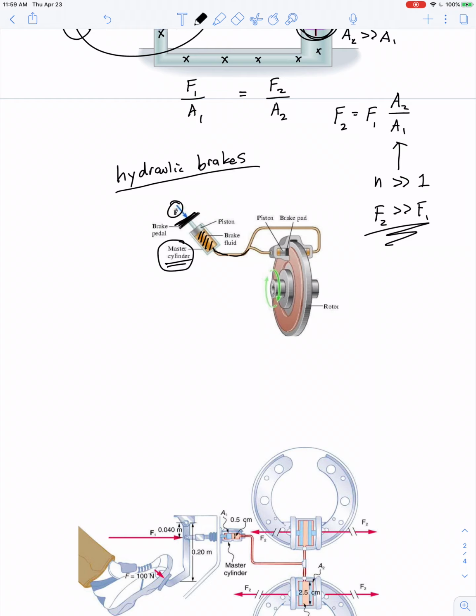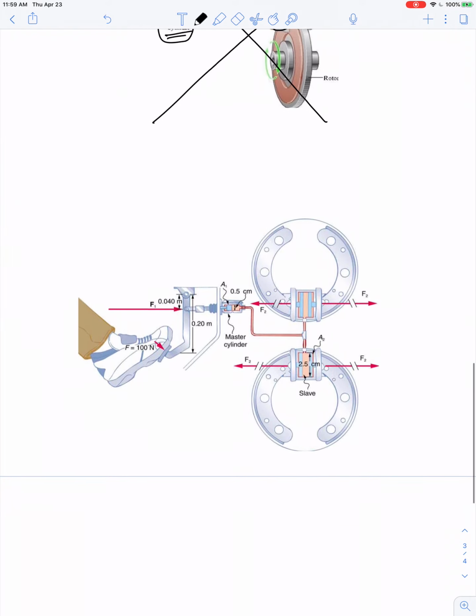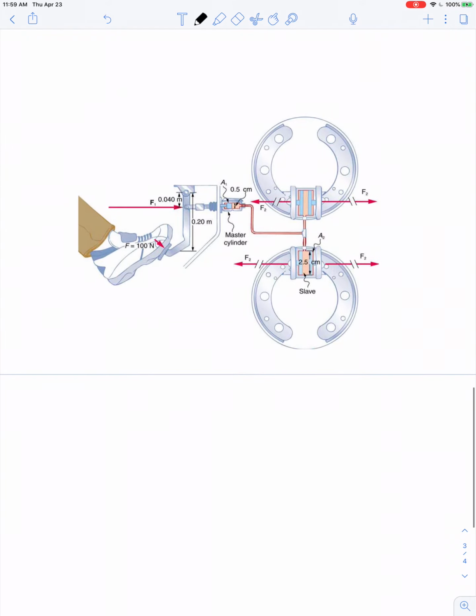That fluid is a completely enclosed system, and in the end it terminates at some slave cylinders. Now, this picture actually has it all wrong. This is very misleading. It shows that the cross-sectional area of the master cylinder is large and the cross-sectional area of the slave cylinders is small. It should be the other way around. So this picture shows it in better detail.